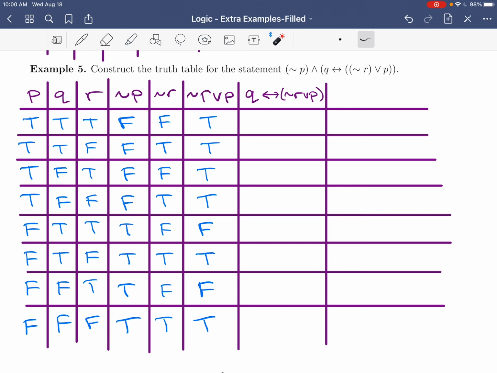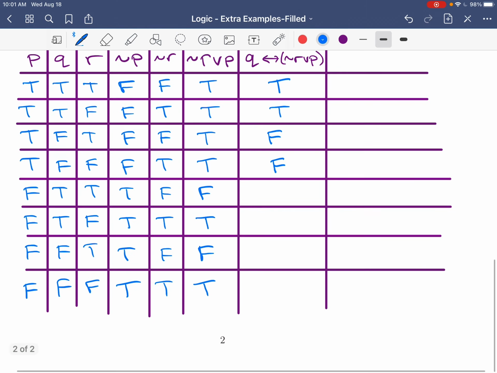So when they're the same truth value, it's true. Okay, so here they're both true. So that's going to be true. Okay, here a true and a true. So again, true. Now I have true and a false. So that's going to be false. And again, true and a false.